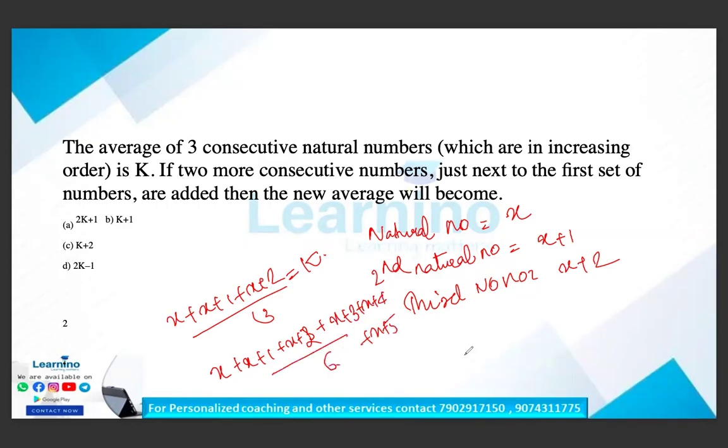From this equation, we get (3x plus 3) by 3 equals k. 3x plus 3 equals 3k.